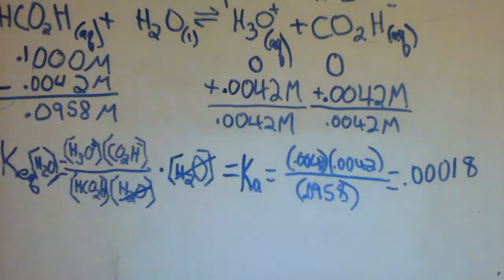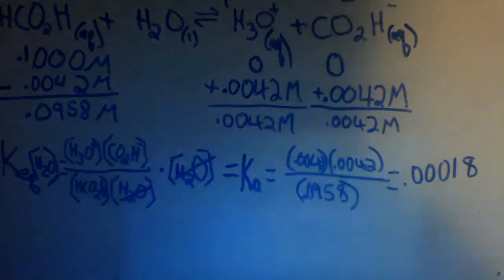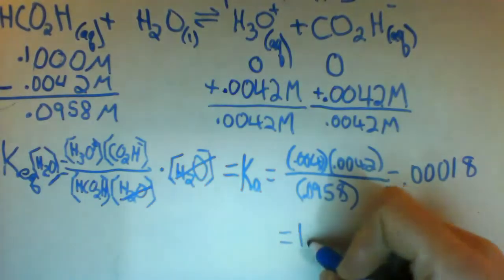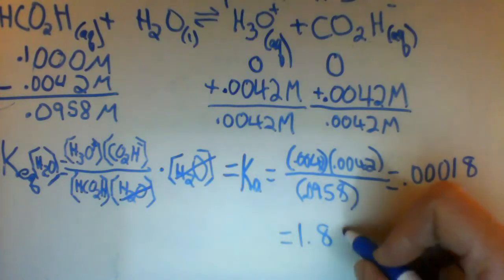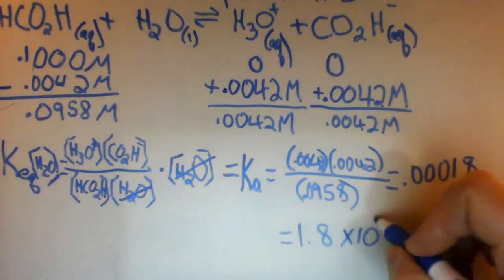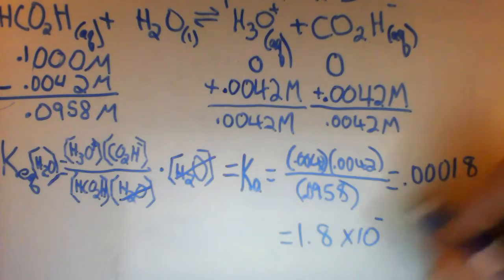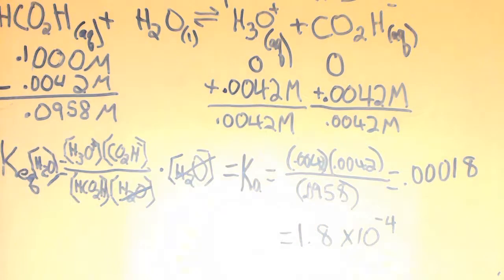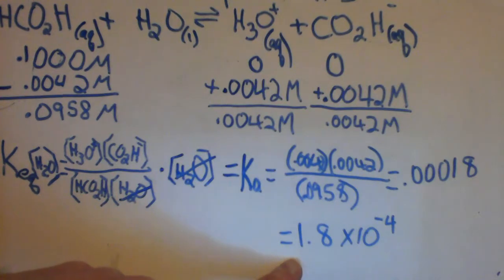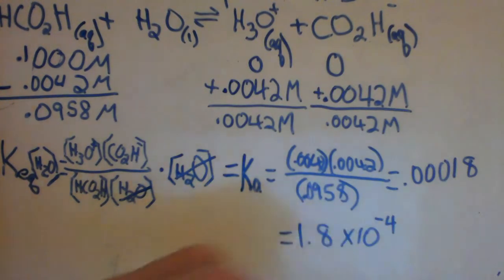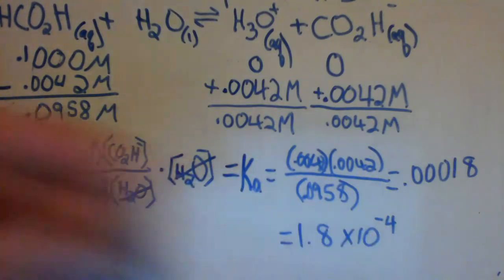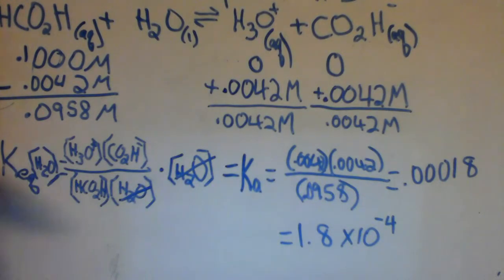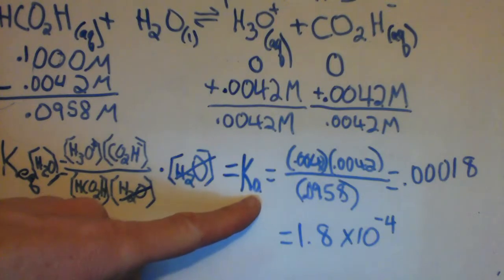We do the math and it comes out to 0.00018, and we're going to change this number to scientific notation by moving the decimal point, actually, 4 places to the right. When we move to the right, we subtract exponents, so we have 1.8 times 10 to the negative 4th as our answer for the acid dissociation constant.